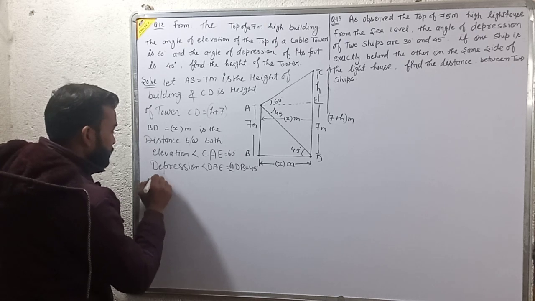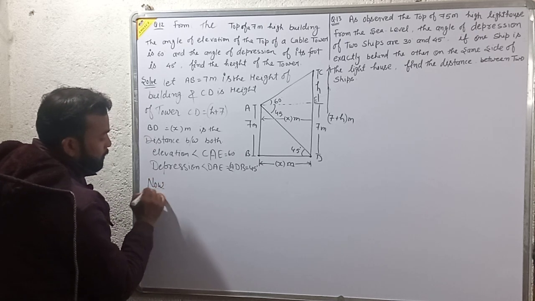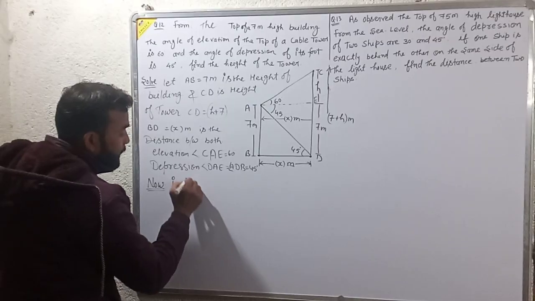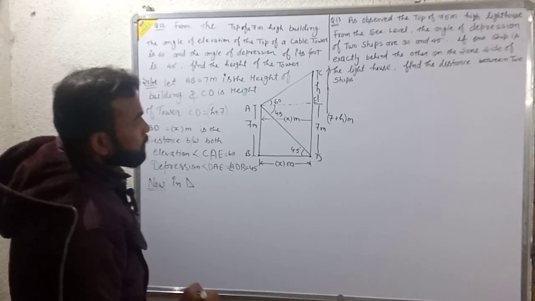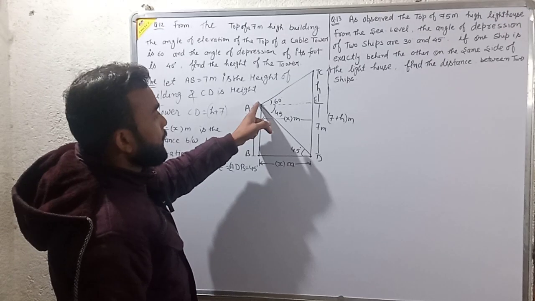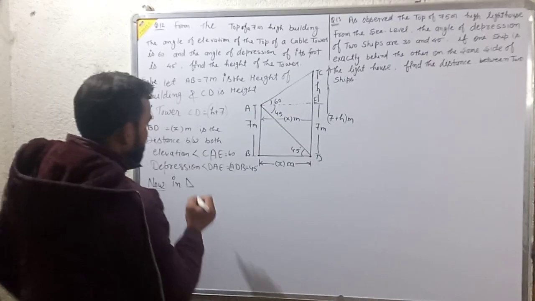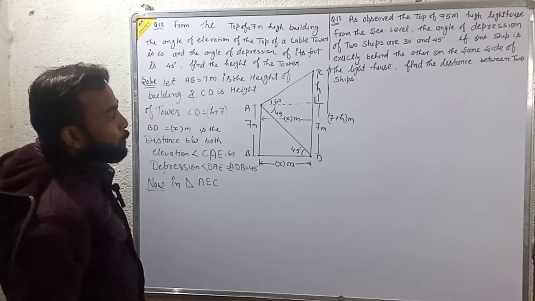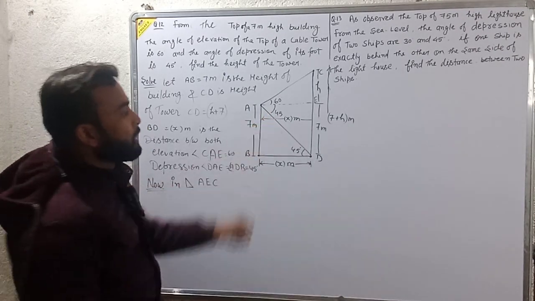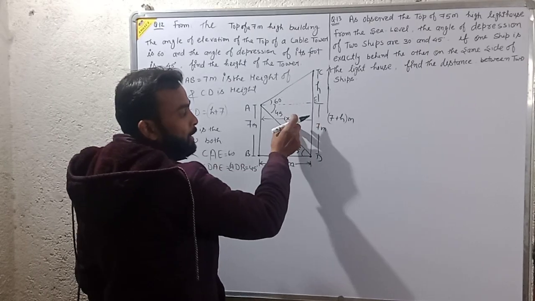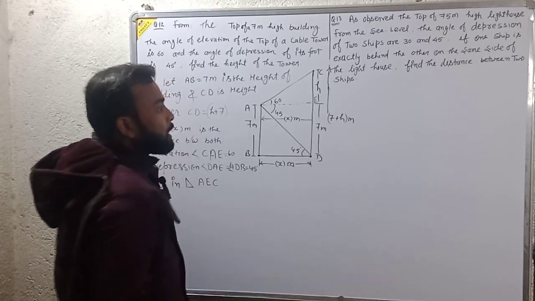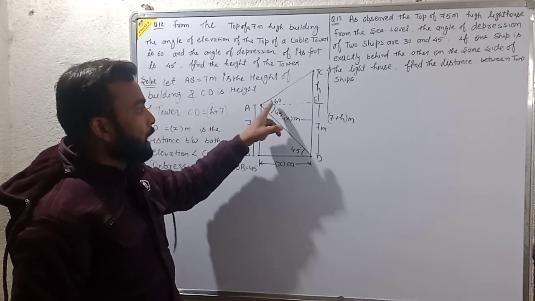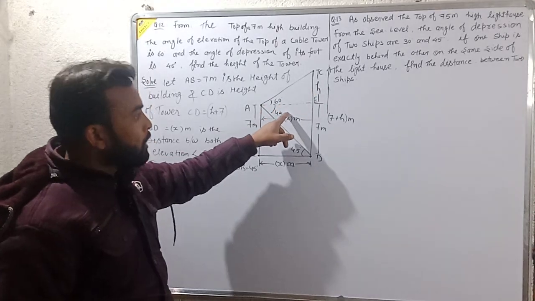Now in right angle triangle AEC, we have to find the relationship between h and x. According to 60 degrees, h will be the perpendicular and this will be the base.